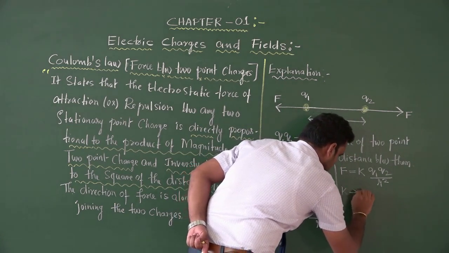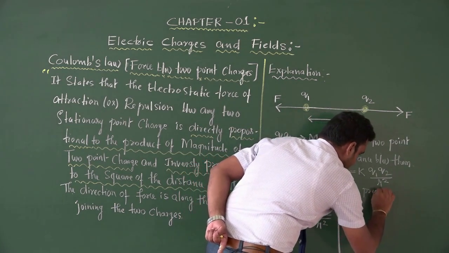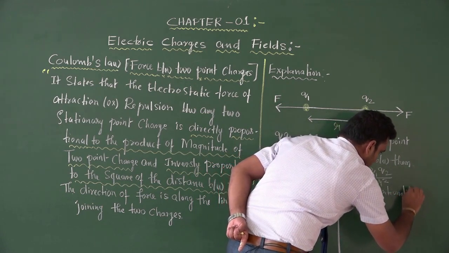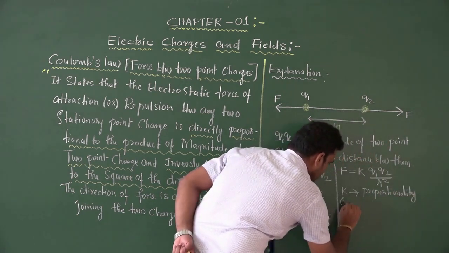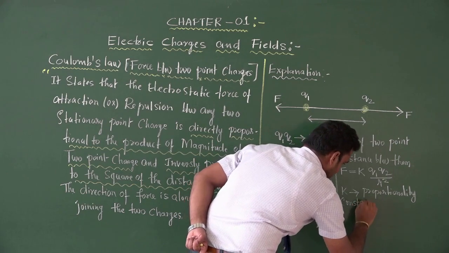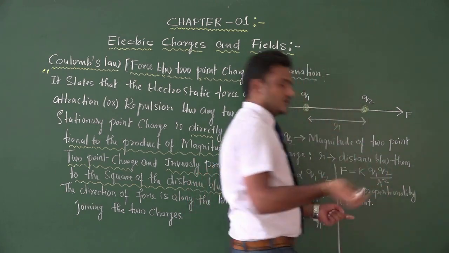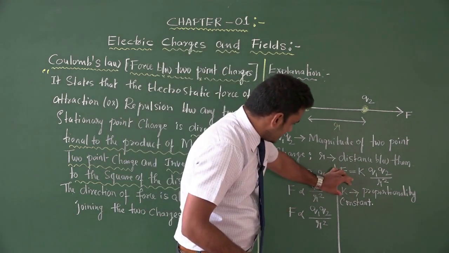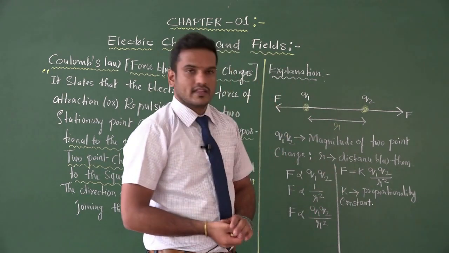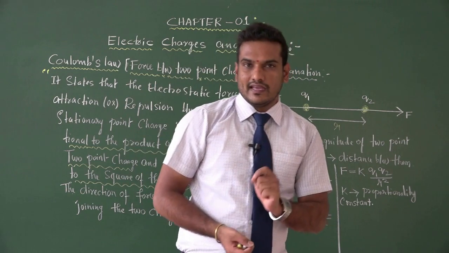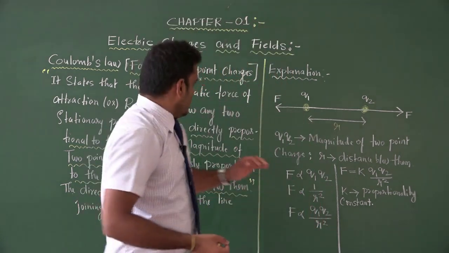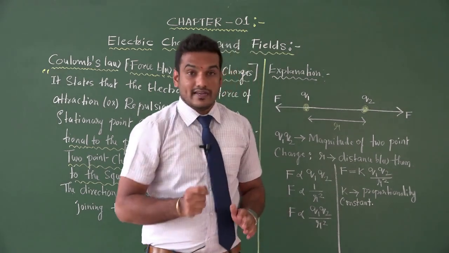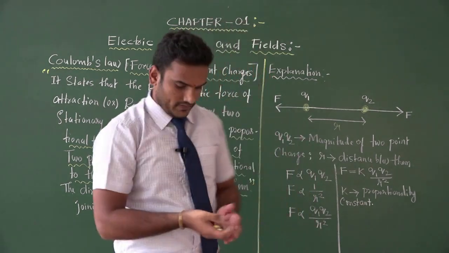K is the proportionality constant, and it is also called the electrostatic force constant. The value of K depends on the nature of the medium between the 2 point charges and the system of units.